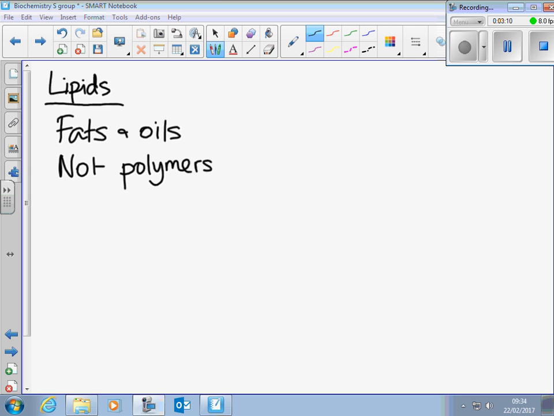So the first bit then, the triglycerides bit, we've got two component parts to a triglyceride. And if you ever have a blood test that's looking at your lipid levels in your blood, I mean, they look at the cholesterols, there are two sorts of cholesterol.